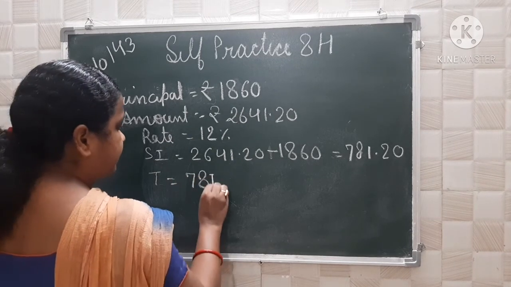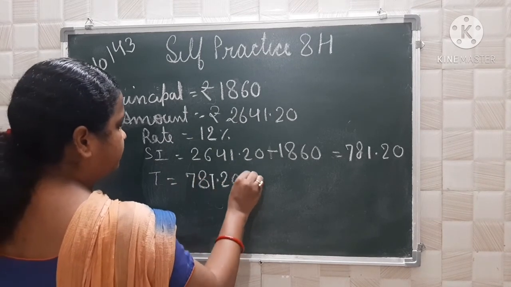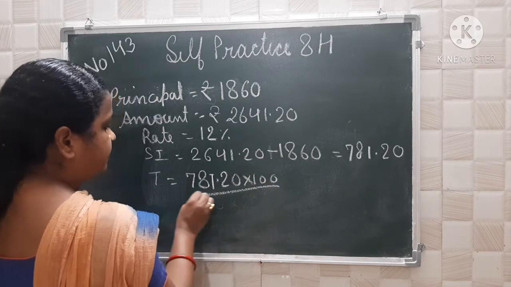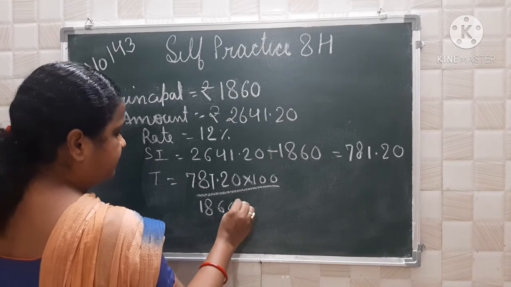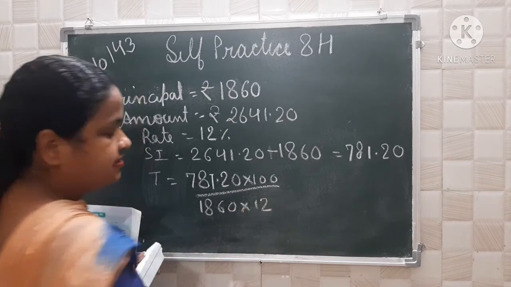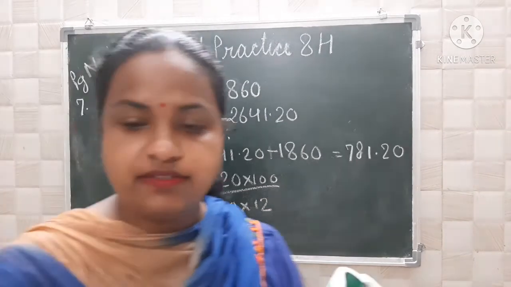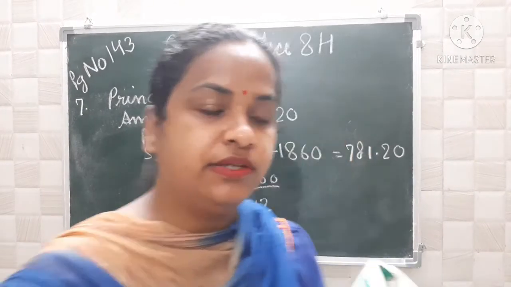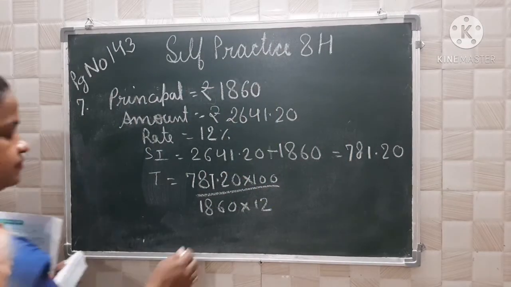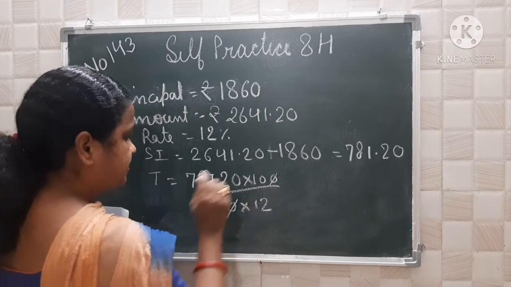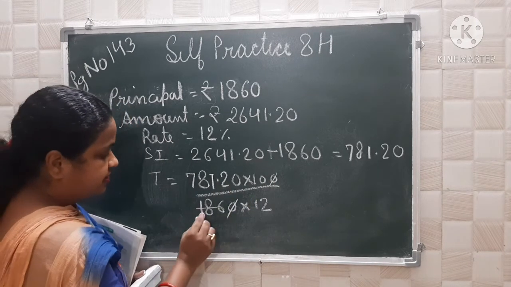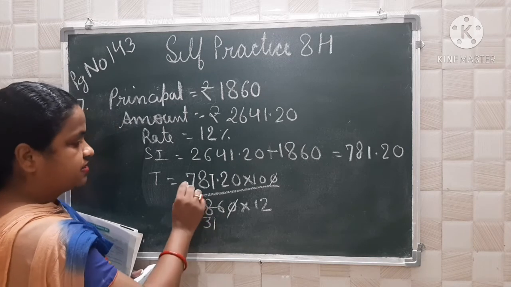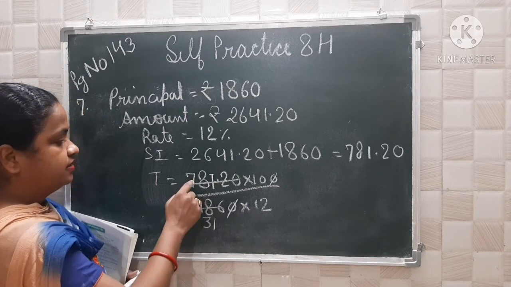Now, what will be your time? 781.20 means interest into 100 upon 1860 means principal into 12. That is, what is 12? Principal into rate. Now 0 will be cancelled out. Now see 6 table. 6 3s are 18, 6 1s are 6. 6 table here also.